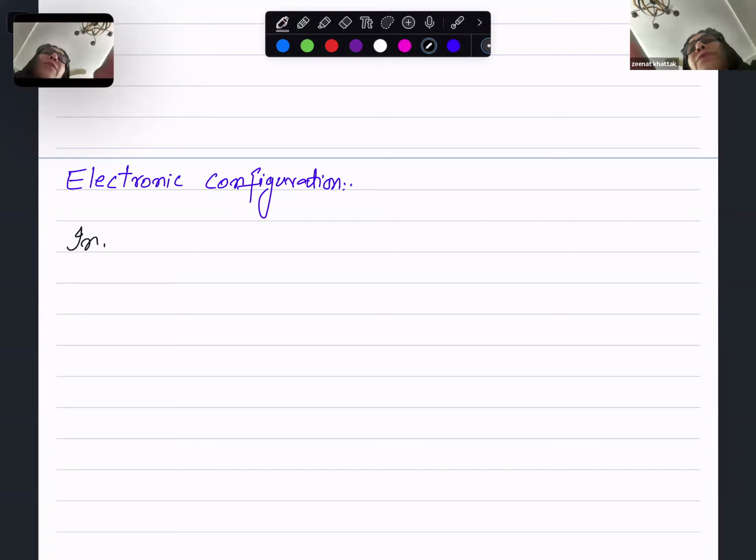In the ground state, the one which we are doing right now, this is called the ground state. Why is it called the ground state?